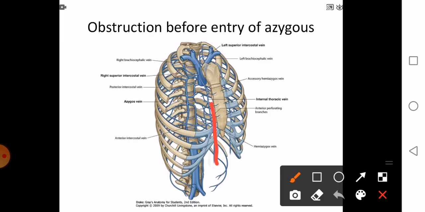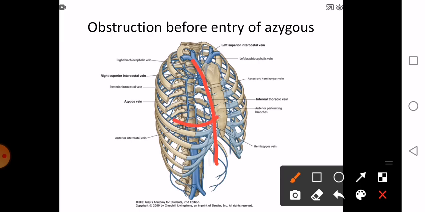This vein is the internal thoracic vein. The internal thoracic vein drains into the brachiocephalic vein. What we should do is get the blood above the obstruction into the internal thoracic vein. The internal thoracic vein tributary is the anterior intercostal vein.